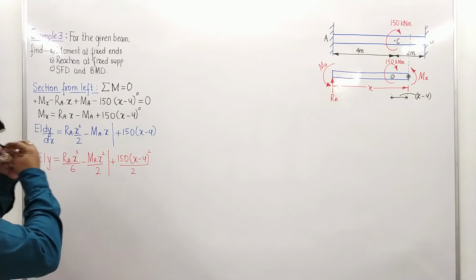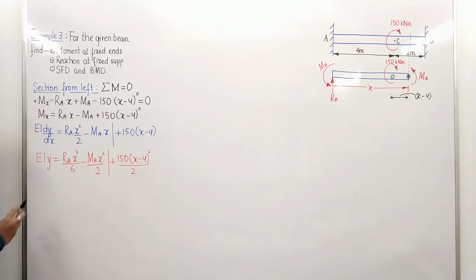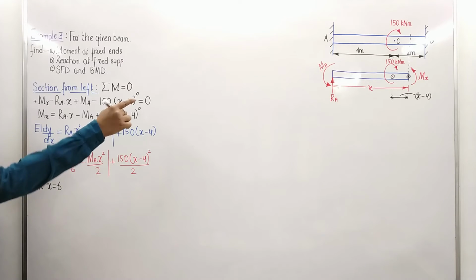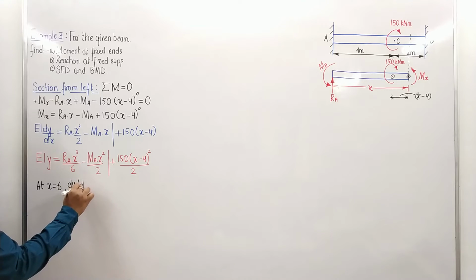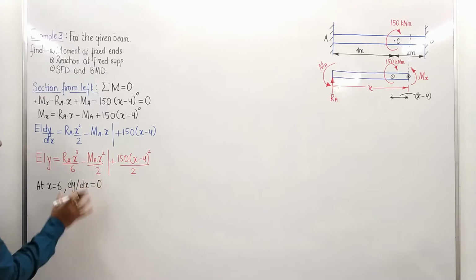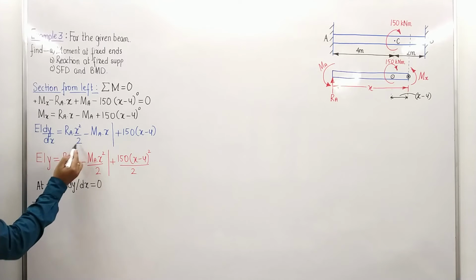Anyway, here we go. So that's the slope equation, that's the deflection equation. Now let us apply the other boundary condition, that is at x is equal to 6, at the far end, at end B. Again, slope is going to be 0, dy over dx is equal to 0. So when you plug in these values, on the left-hand side we have 0 is equal to 6 squared is 36, 36 by 2 is 18.